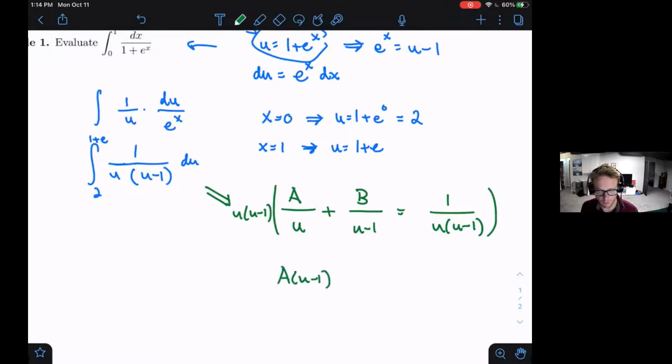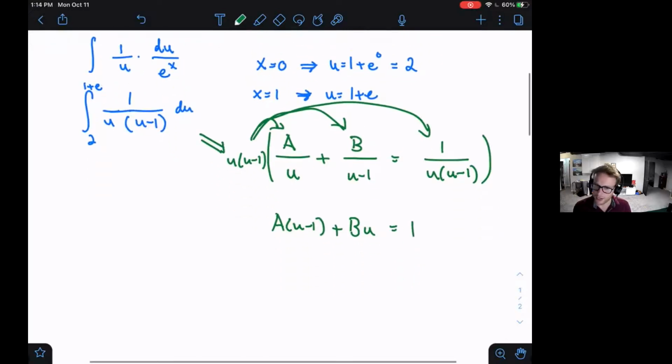For our second term, when we distribute this to the b bit, the u minus 1s would cancel out, but the u's would not. And then finally, on the other side of the equation, we would have perfect canceling and we would just be left with 1.